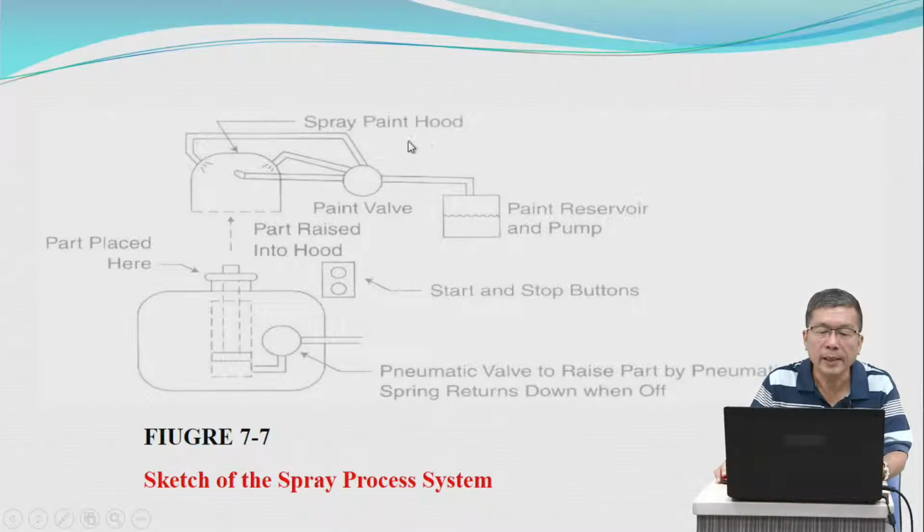The spray paint hood, the mandrel, part placed here, part raises into hood, the paint valve, the paint reservoir and pump, start and stop button, pneumatic valve to raise part by pneumatic cylinder, spring returns down when off.